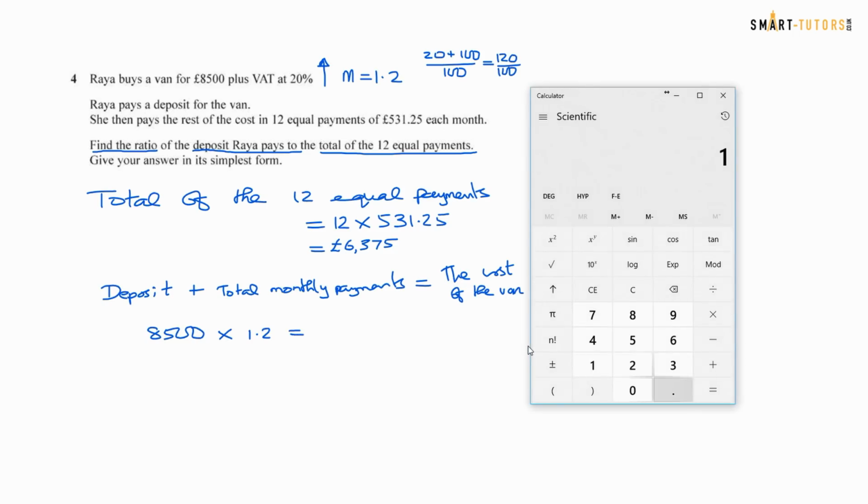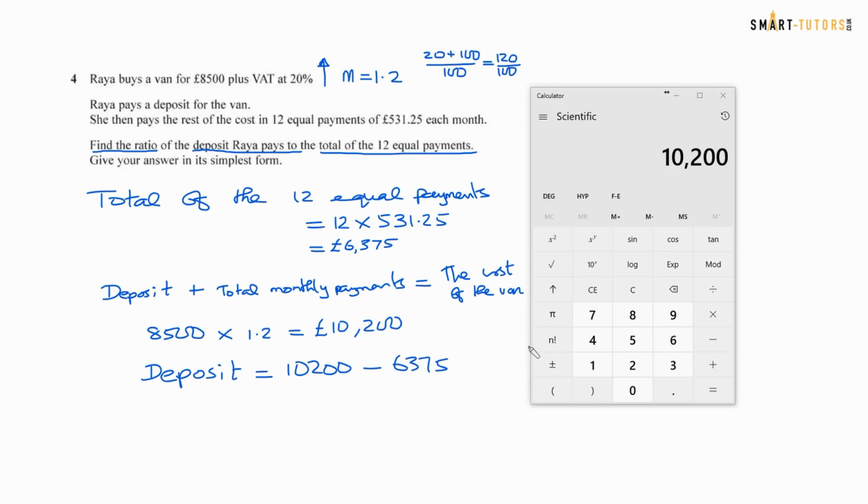So 1.2 is the multiplier, and 1.2 times 8,500, you get 10,200.